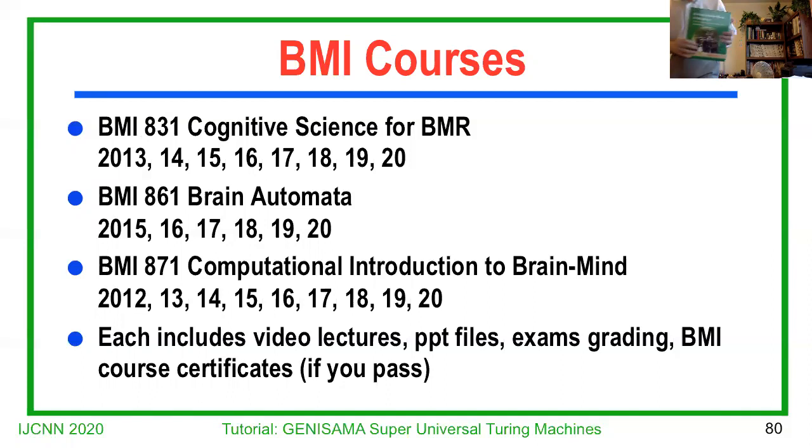This is the second edition already, and it's available on the BMI site. I will find time to put it on Amazon. Right now it's not on Amazon yet, but will be soon. So use this textbook for 871. For each course we have video lectures, a PPT file, and an exam each week, and if you pass, you have a certificate useful for your resume and future research.